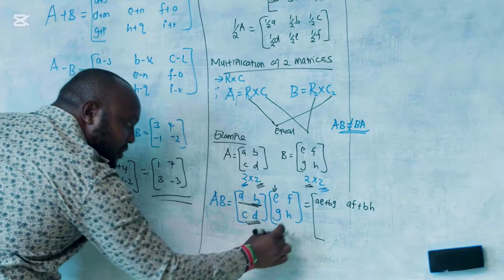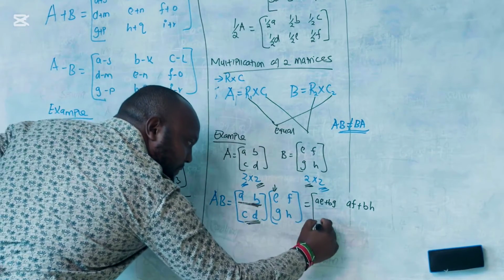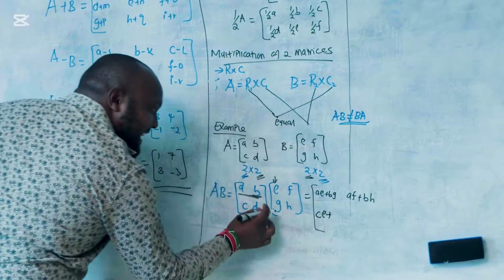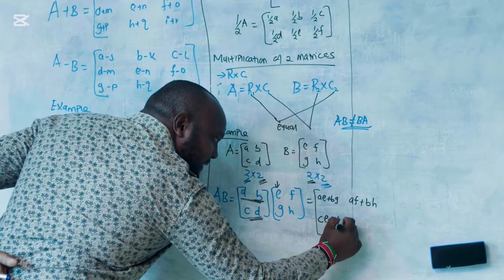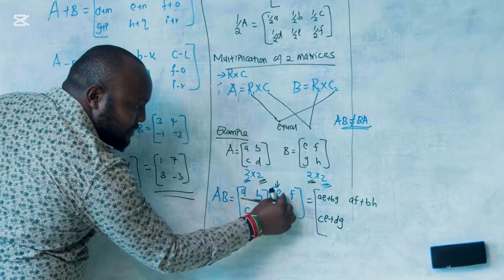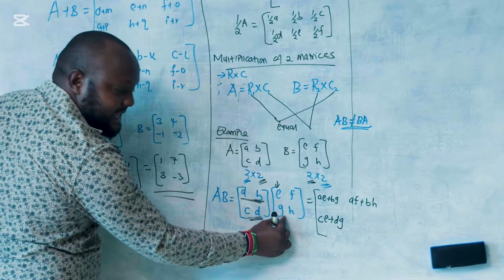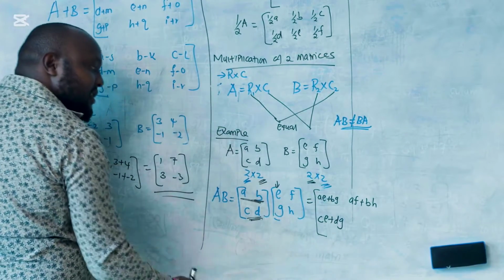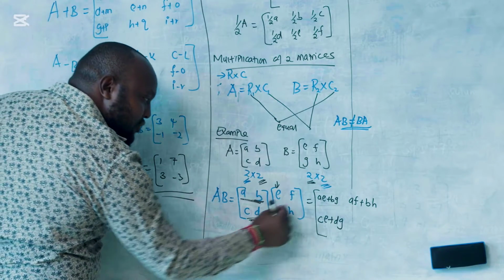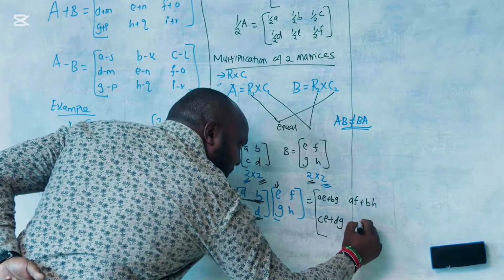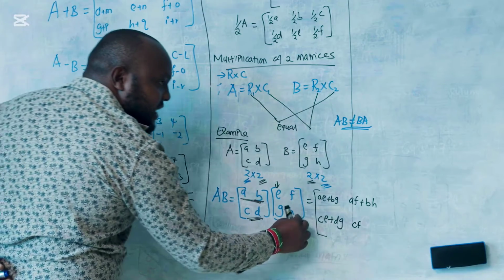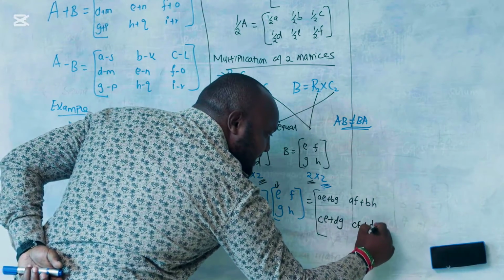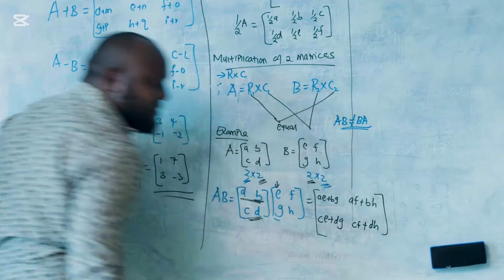Second row and the first column, it will be CE plus DG. So the first one must multiply the first one, the second one must multiply the second one. Now we have done row, column, so it must multiply the other column. So it will be CF plus DH.